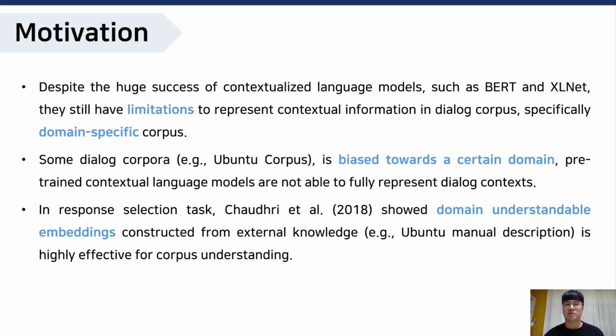Pre-trained contextual language models are not able to fully represent dialog context. In the response selection task, Chaudhary et al. 2018 showed domain-understandable embeddings constructed from external knowledge. For example, the Ubuntu manual description is highly effective for corpus understanding.